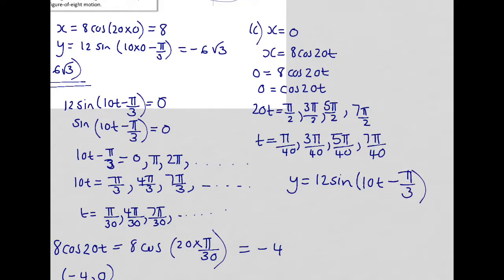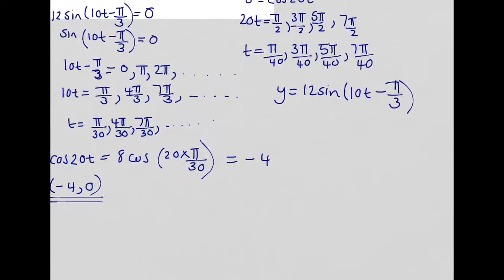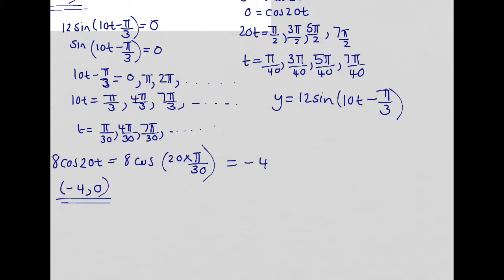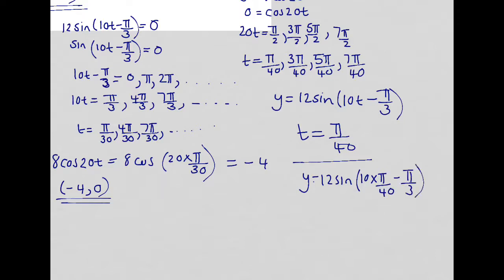So you would then substitute in to this each time one of the values. So you're going to have t equals pi over 40, y equals 12 sine of 10 times pi over 40 minus pi over 3. Put that in your calculator, negative 3.11.